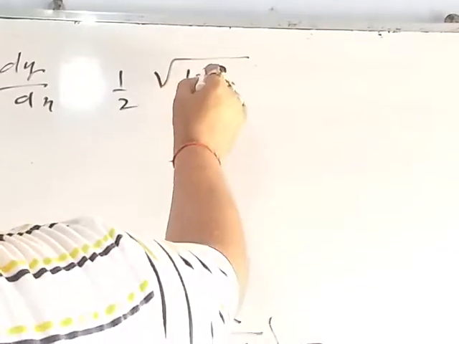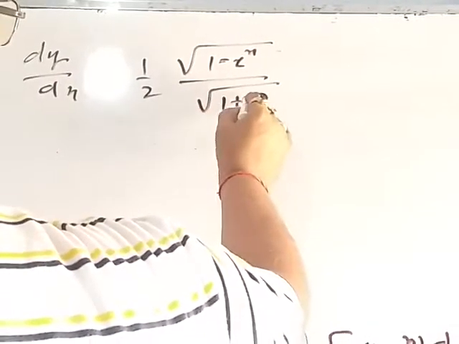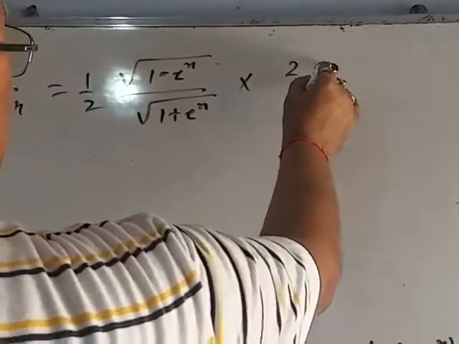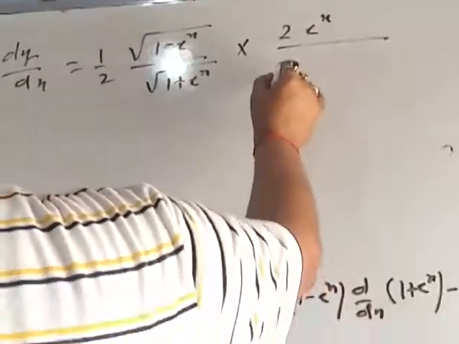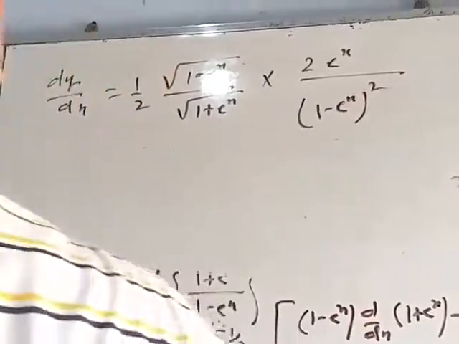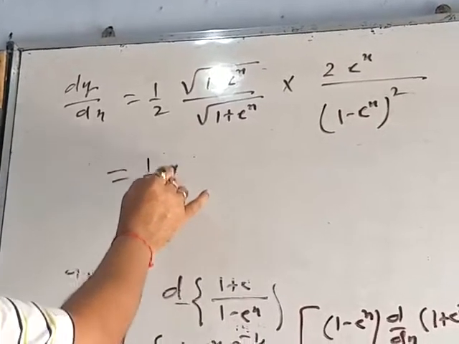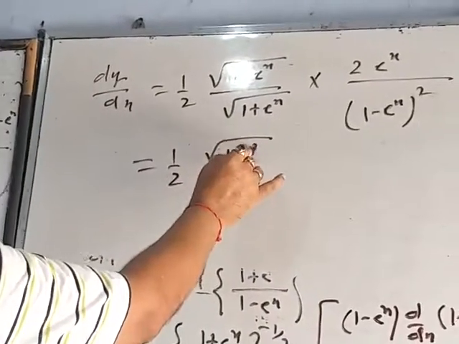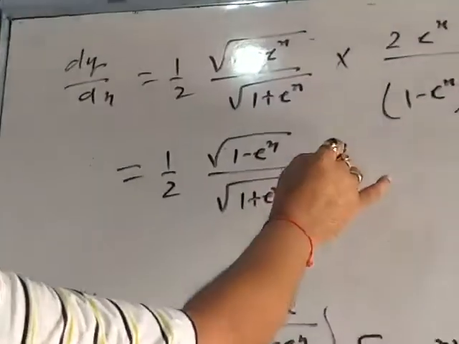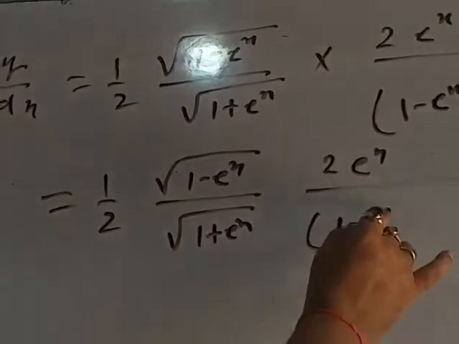dy by dx equals 1 plus e power x and 2 e power x by 1 minus e power x square. You can also further simplify 1 by 2, this will be written as 1 minus e power x.